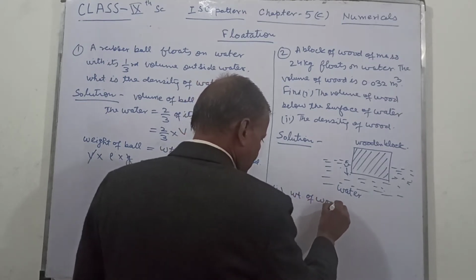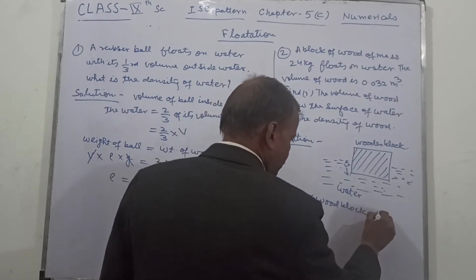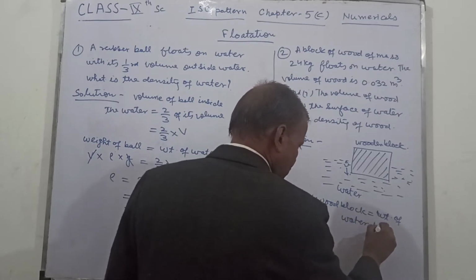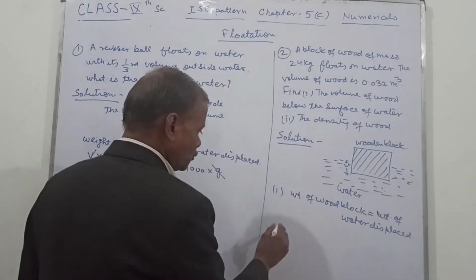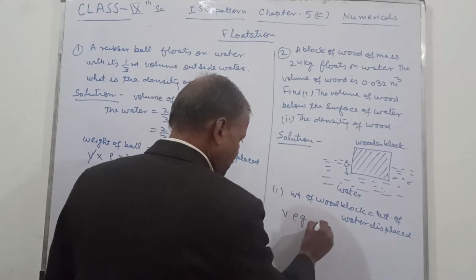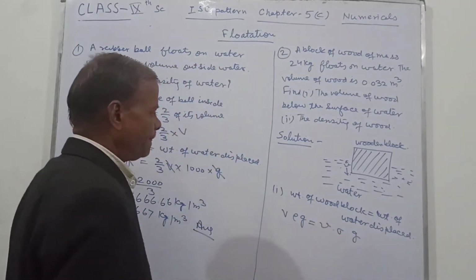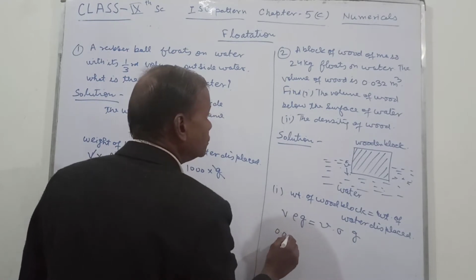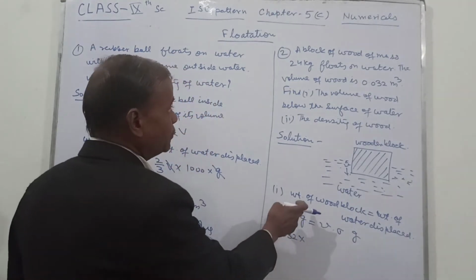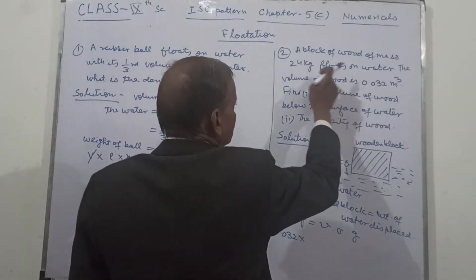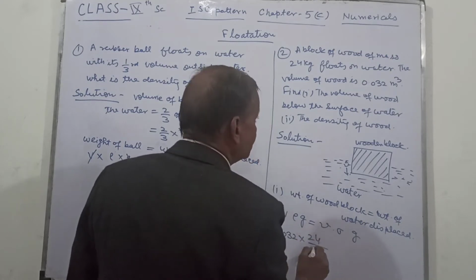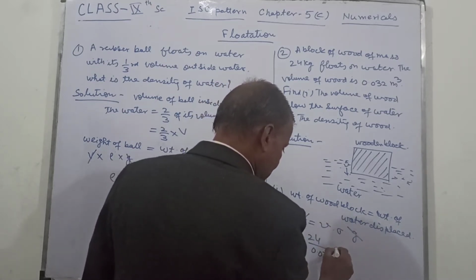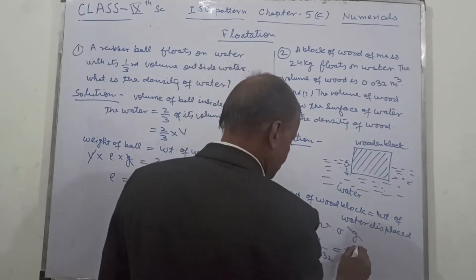The density of the wood is equal to mass upon volume, which is 24 upon 0.032. The g will cancel from both sides, and sigma is given to be 1000.